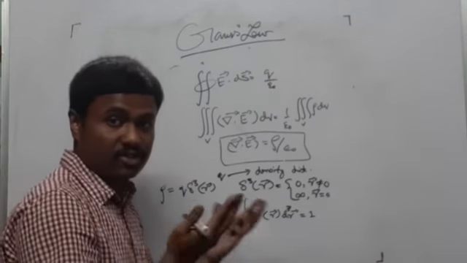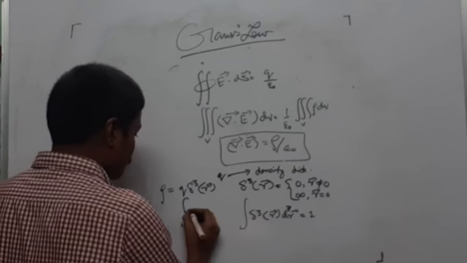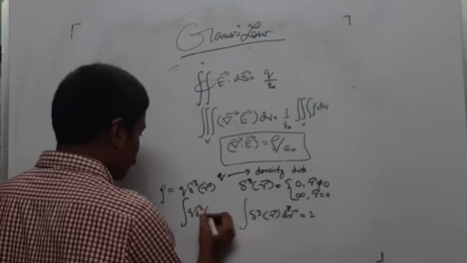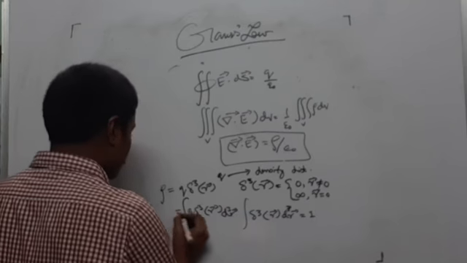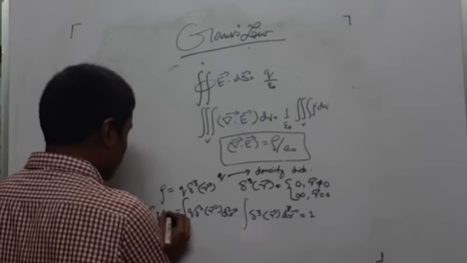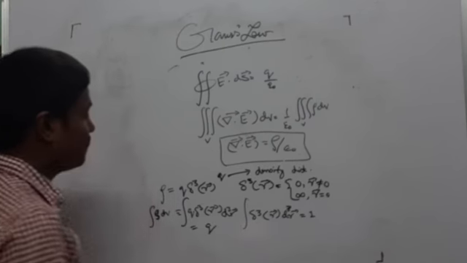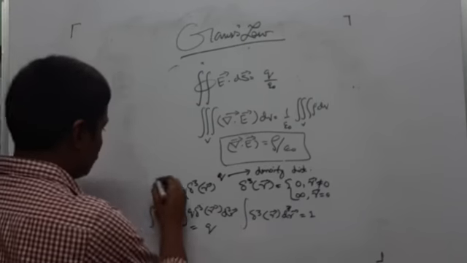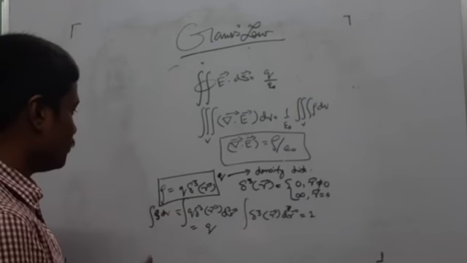Everywhere else it's 0, but when you perform the volume integration of rho dV, you get Q. So this works. A discrete charge can always be written as a distribution with the help of the delta function.